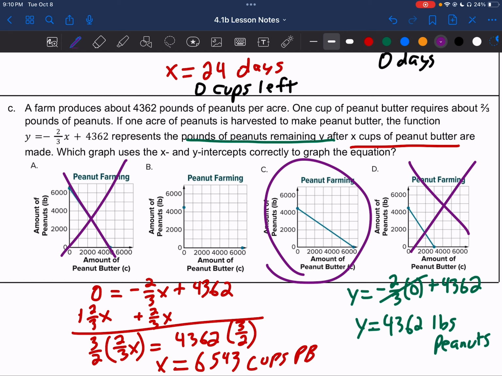So it is going to be letter C because this is a line. This is a continuous graph. It's not discrete. It is continuing because, again, you could have fractions. We could have, how much is it when we've got 2,000 cups or 4,000 cups? You'll be able to figure out how much of that crop is still remaining to be processed.